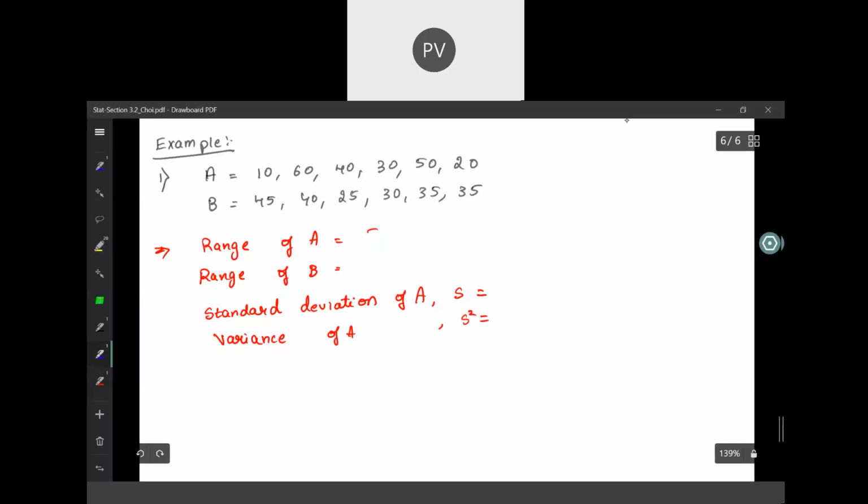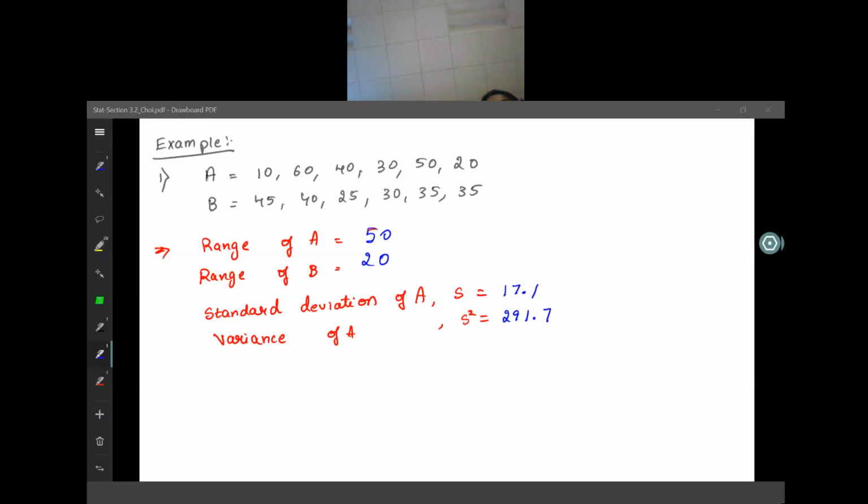What is the standard deviation and variance? Standard deviation must be 17.1 and variance must be 291.7. You must be getting this result. So this concludes chapter 3.2 and I will see you all on Friday.